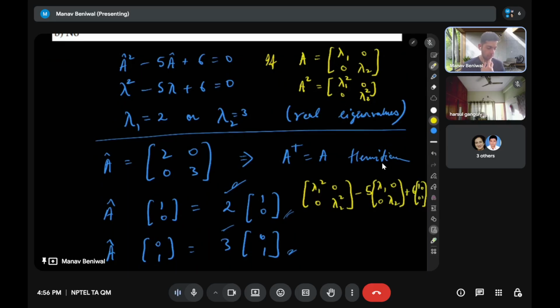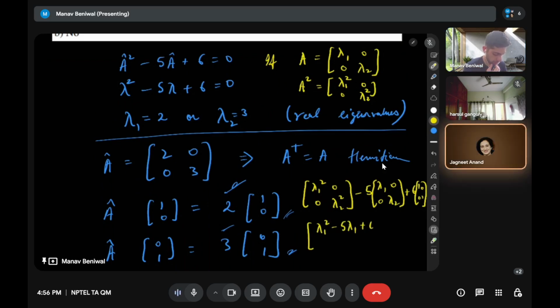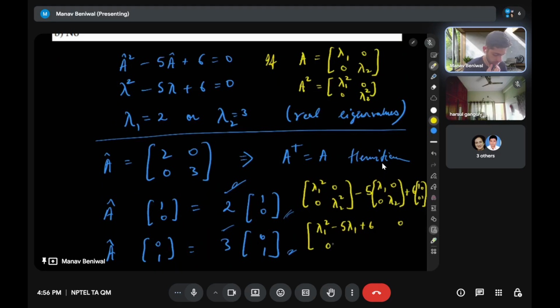And then I can add individually. So what I'll get? Lambda 1 squared minus 5 lambda 1 plus 6, 0, 0, lambda 2 squared minus 5 lambda 2 plus 6. And this is equal to 0.